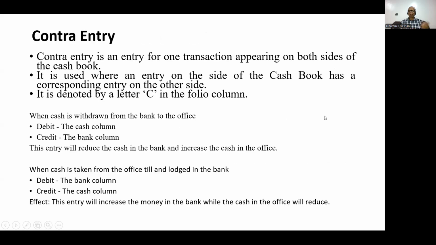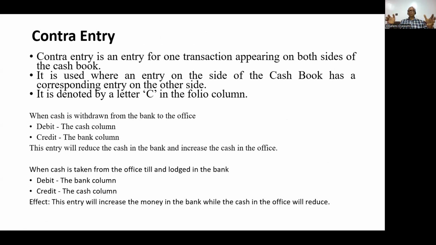Okay, so let's look at the concept of contra entry. Contra entry, what are we talking about? A contra entry is an entry for one transaction that is appearing on both sides of the cash book. One transaction, okay, but it's appearing on both sides of the cash book. It is used where an entry on one side of the cash book has a corresponding entry on the other side.